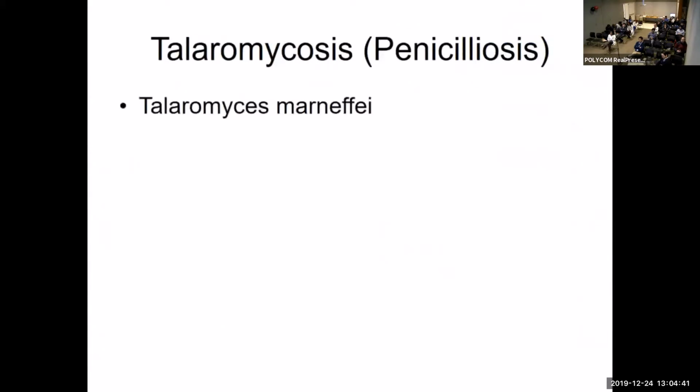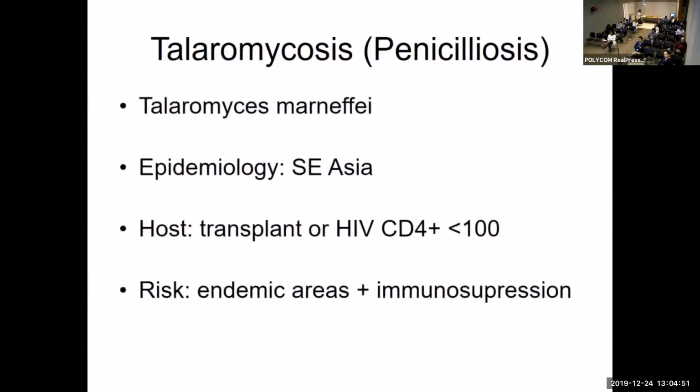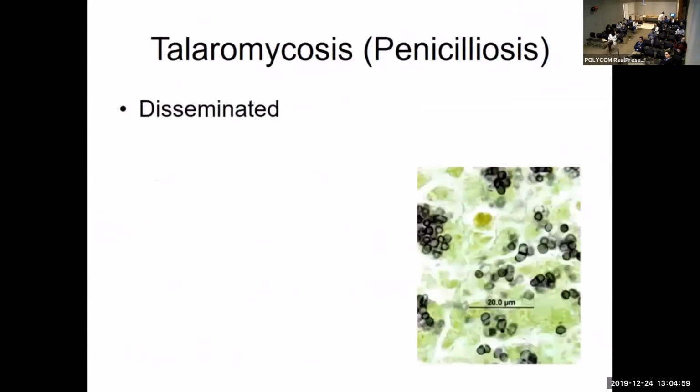So this is mycosis, the one that looks like molluscum contagiosum. Southeast Asia, seen in HIV patients with CD4 less than 100 and transplant patients, and the risk is just being in an endemic area. Also, the transmission is mainly pulmonary.